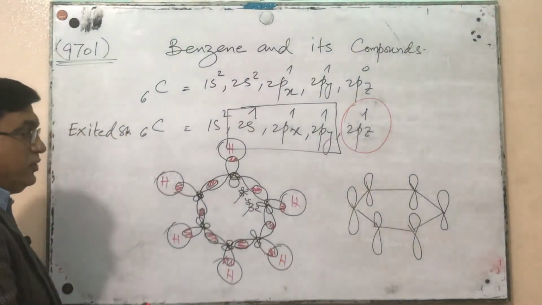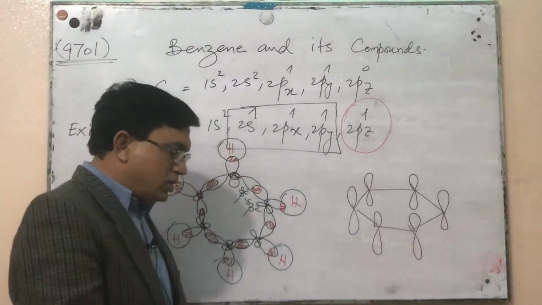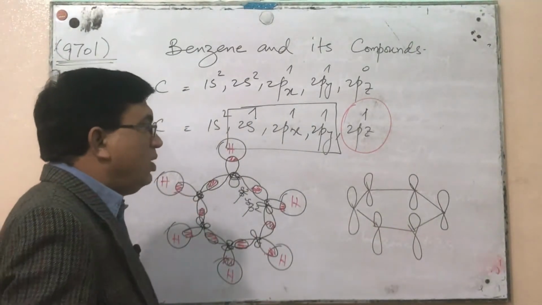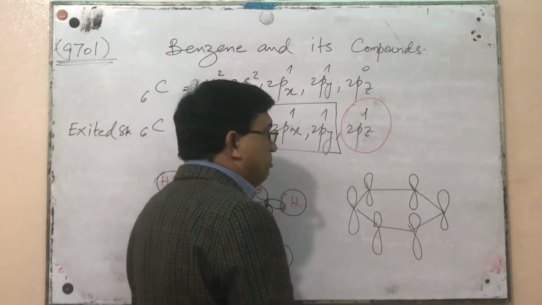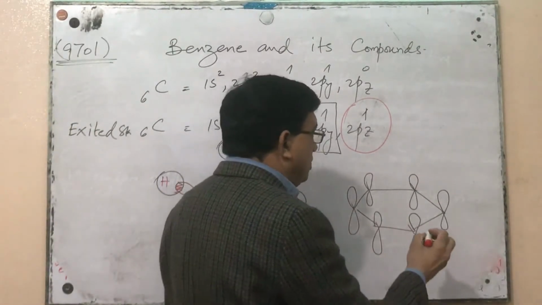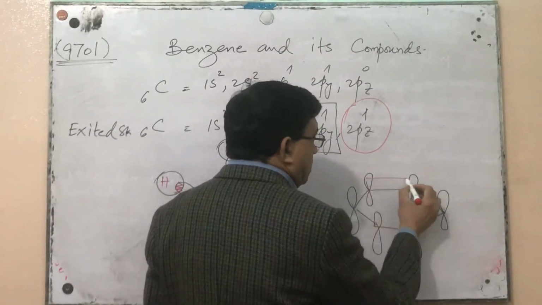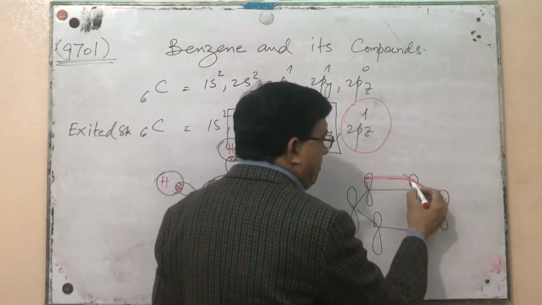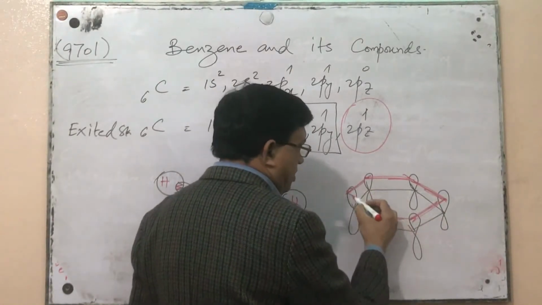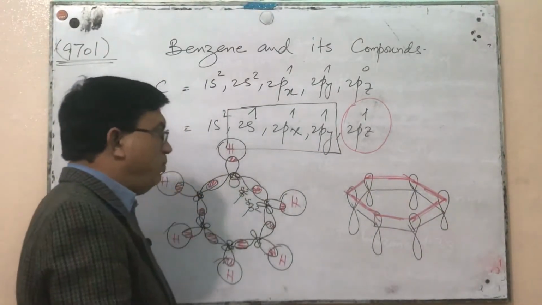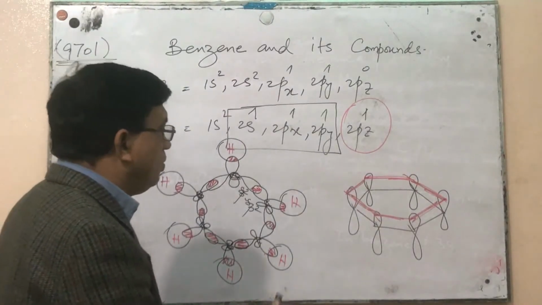Now, after formation of sigma bonds, these p orbitals overlap sidewise with one another, making 3 pi bonds. The upper lobe will overlap with the upper lobe and the lower lobe will overlap with the lower lobe.